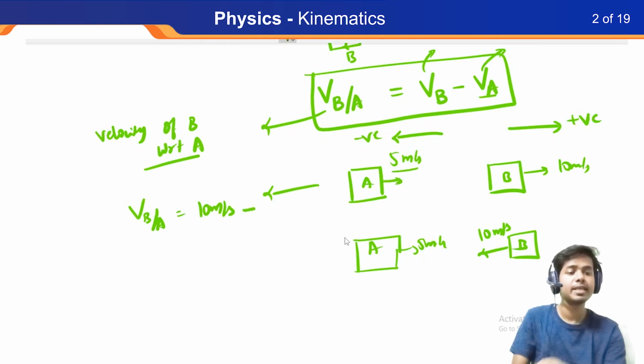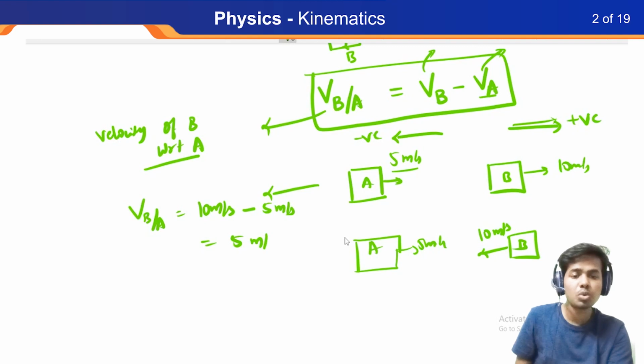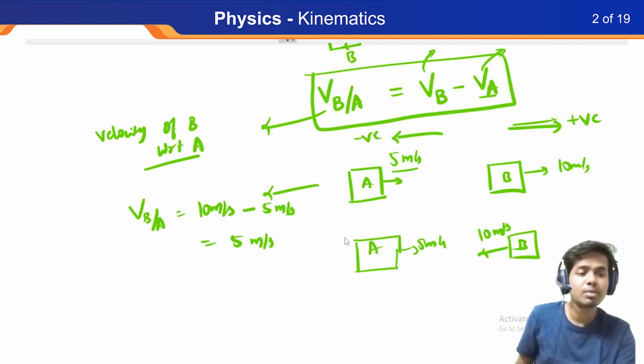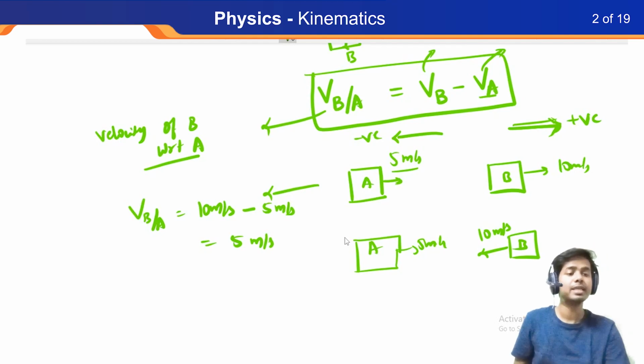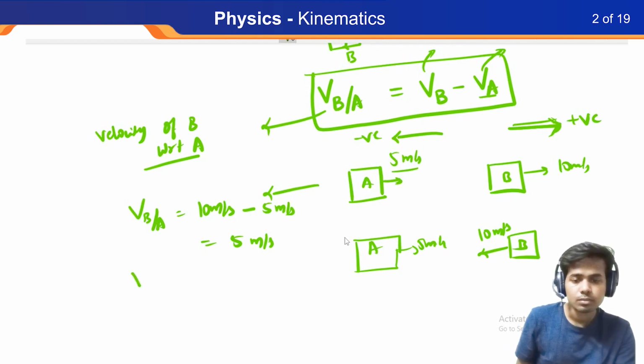Again 5 meters per second in the positive direction, so 5 meters per second. And this gives me 5 meters per second. This is already a positive number, which means it has a relative velocity in this direction.